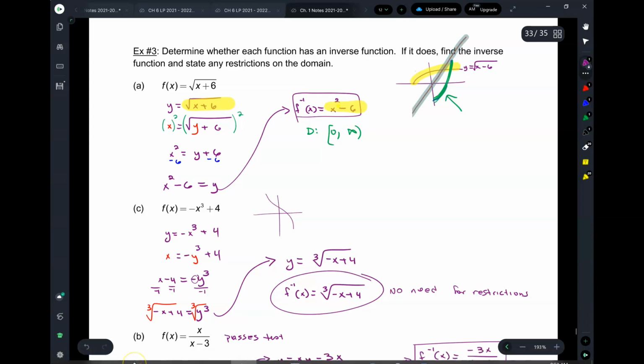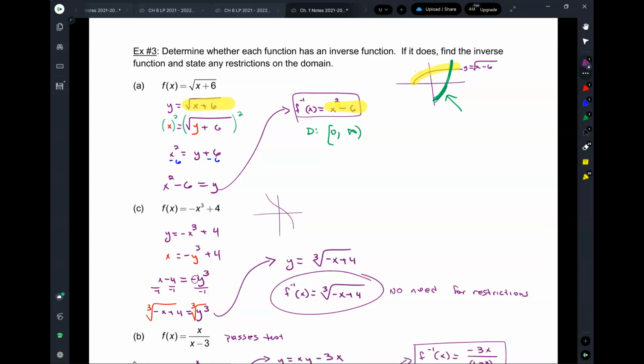Since this is a square root versus a square, I initially draw the initial function. This is the square root. Then I say to myself, okay, this is technically a parabola, right? But I only need half of the parabola.